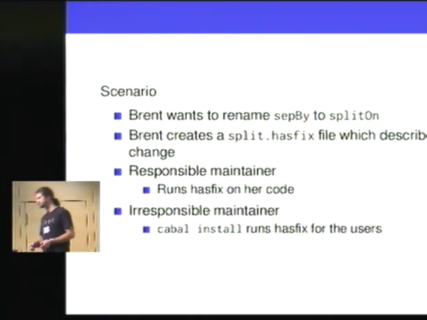What can happen is when a user tries to install a library that depends on the old version of the split package, and it's not upgraded, but we have, for example, only the new version of split available, then cabal install can automatically download that hsfix file and, during the build phase, automatically apply these fixes to the code, and the user just doesn't notice anything. It just goes automatically, hopefully, of course.